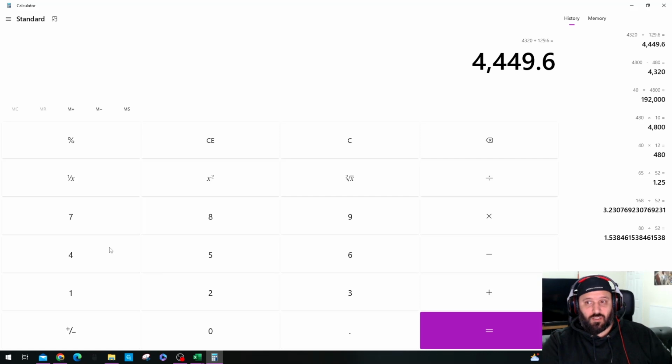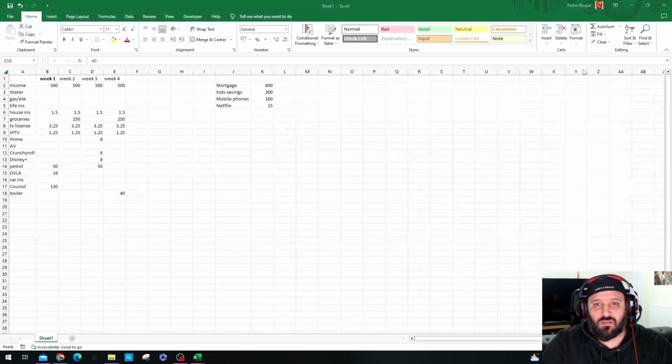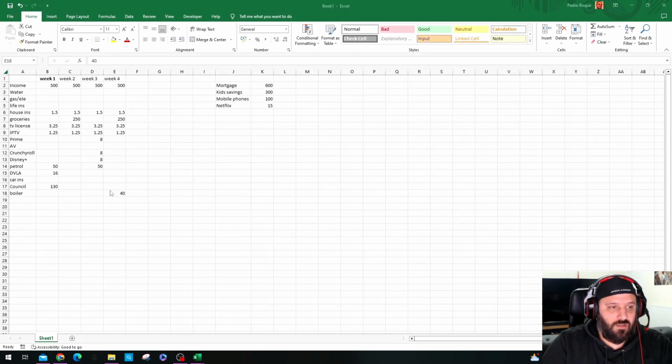Which means that you're going to pay less for your boiler because the money is on your side. So minus 129, 351. This is if you grab that money and put it aside. I'm just giving you an example that sometimes it's worth having those expenses when you don't have any interest rates.